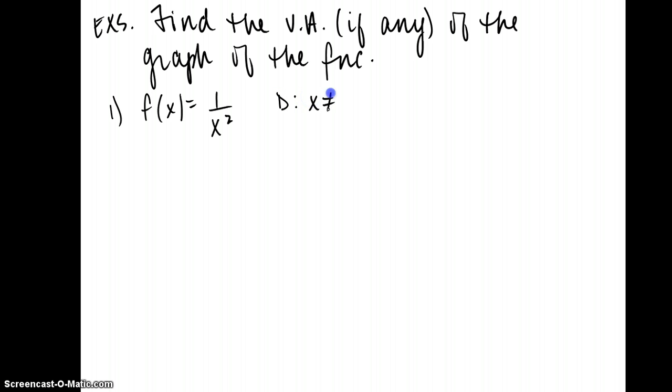The domain is that x cannot equal 0. Secondly, attempt to find the limit. Limit as x approaches 0 of the function. Direct substitution gives us number over 0. Because direct substitution gives us number over 0, we know that the limit does not exist. In order to answer the question if it's a vertical asymptote, however, we need to look at the one-sided limits.